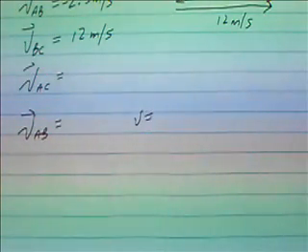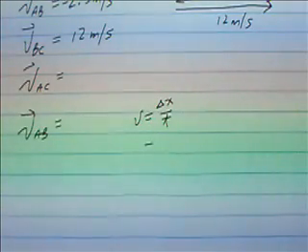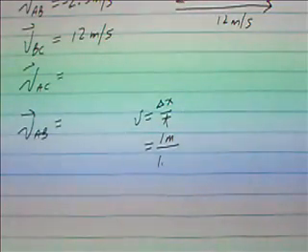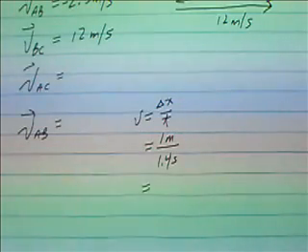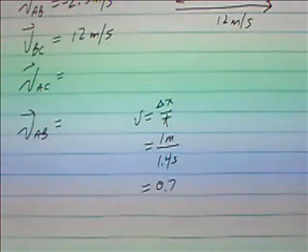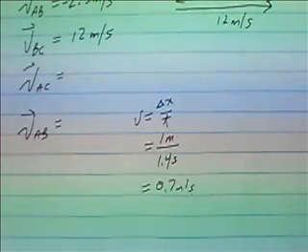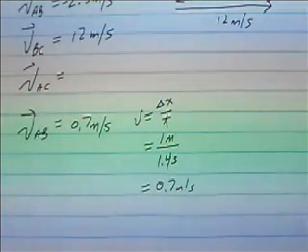So knowing that velocity is distance divided by time, if he moves across 1 meter of the moving sidewalk in 1.4 seconds, then that means his velocity relative to the moving sidewalk is 0.7 meters per second. And do we have a direction?